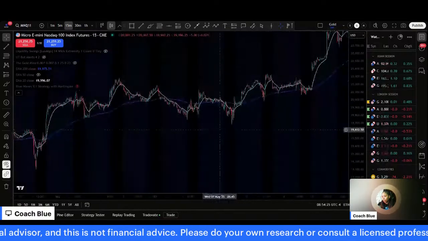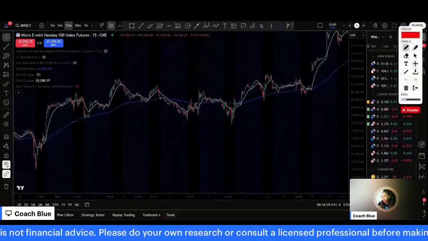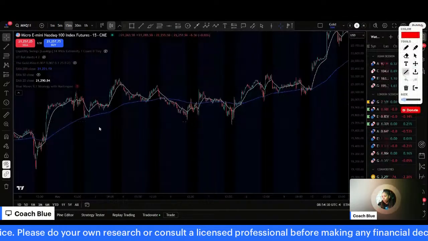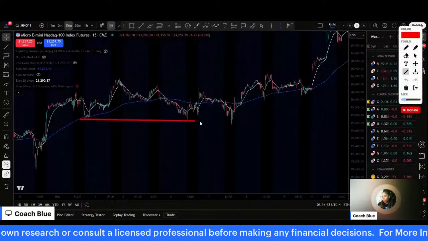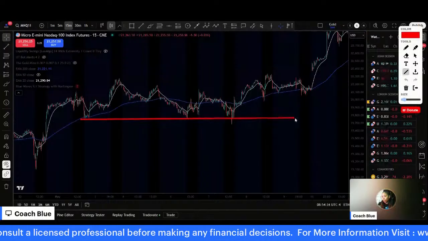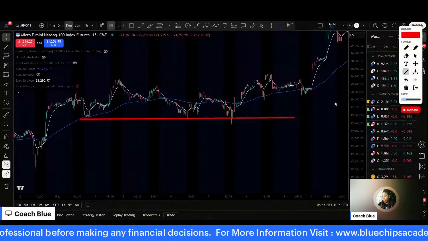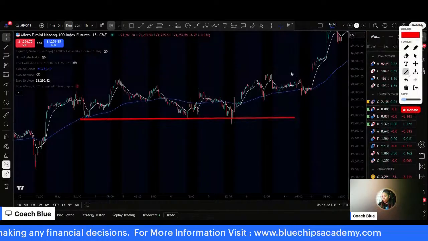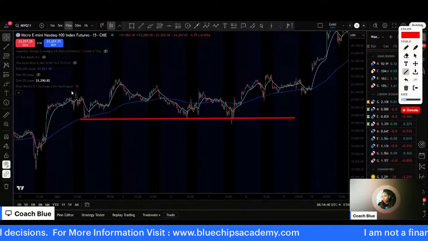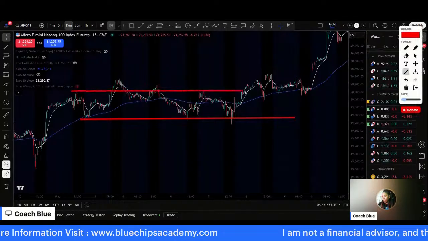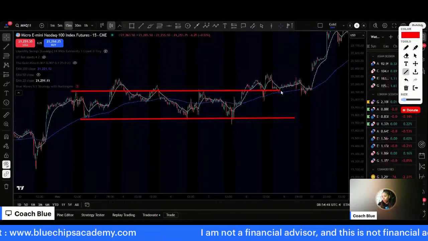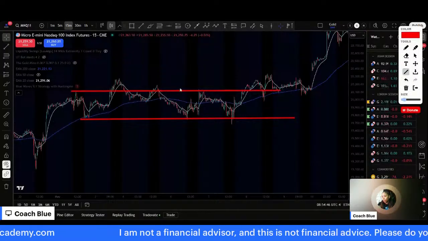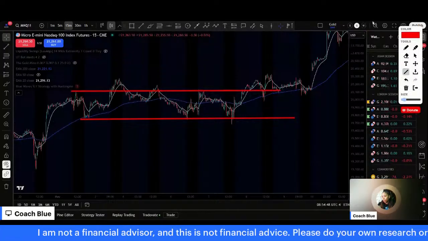Actually, before we do that, we can look at this area right here. If we look at the bottom here, this is our floor. I'll talk about that in a minute. And this is our ceiling. Probably could move it up a little bit more, but that's good enough.